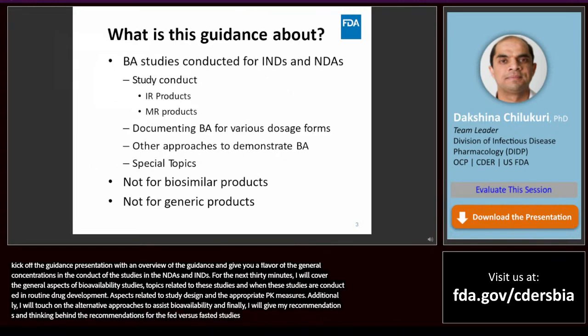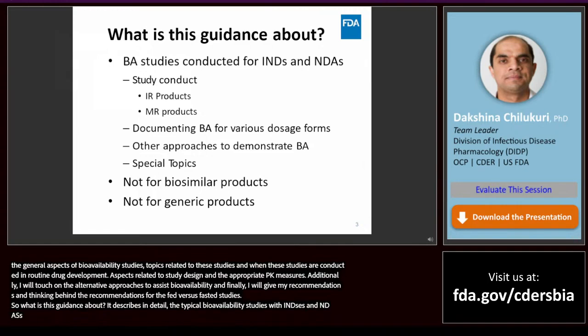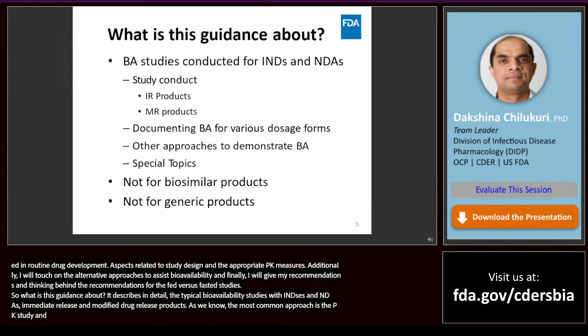So what is this guidance about? The guidance describes in detail the typical bioavailability studies conducted in support of NDAs and INDs. Among other things, the trial conduct details are given for both immediate release and modified release drug products. As we all know, the most common approach to determine bioavailability is the PK study, and specific details on the conduct of this study are described in the guidance.